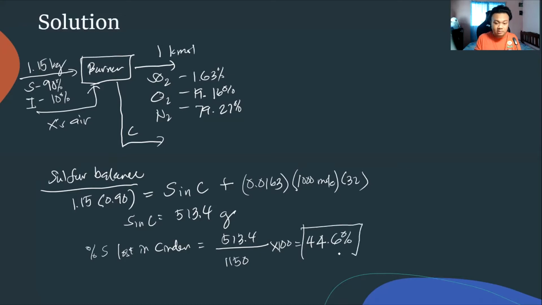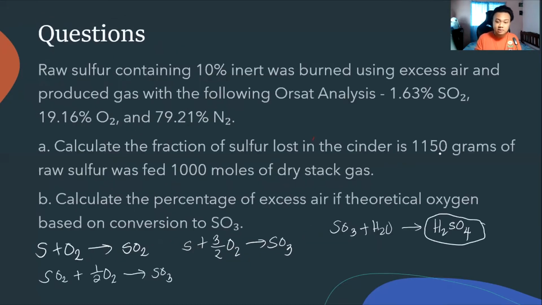Okay, so that's the answer for our letter A. So this is 44.6%, or 0.446, because we are asked for the fraction of the sulfur. Because if we transform that to percent, we have 44.6%.